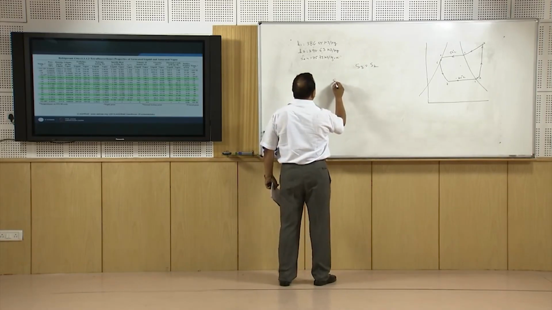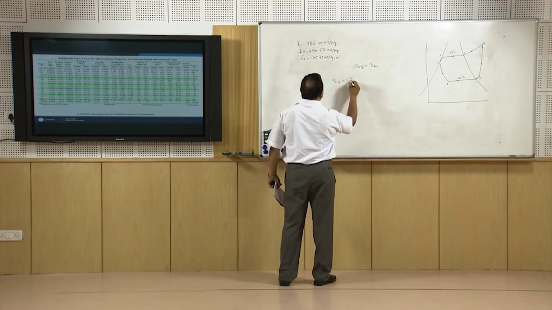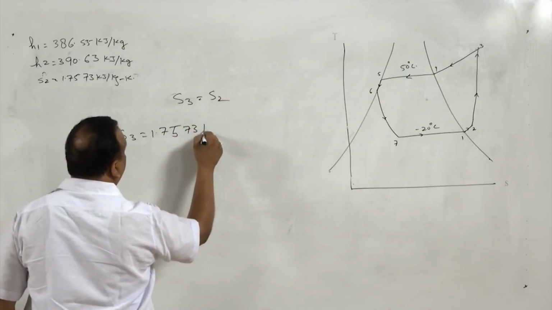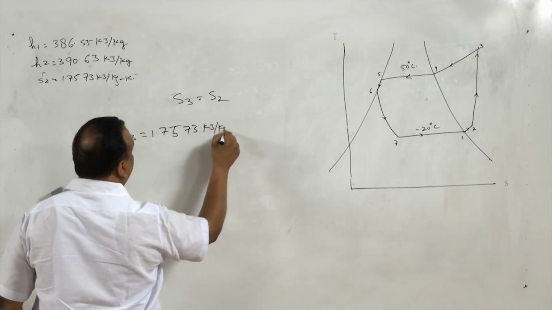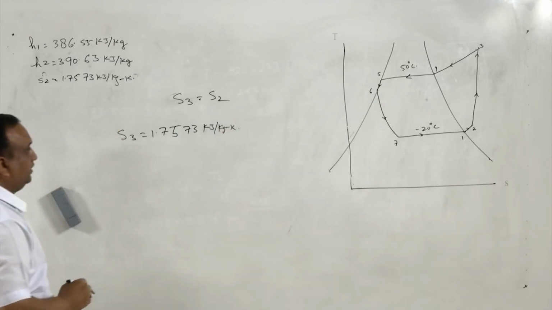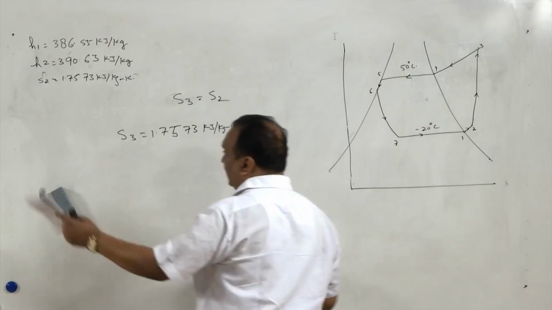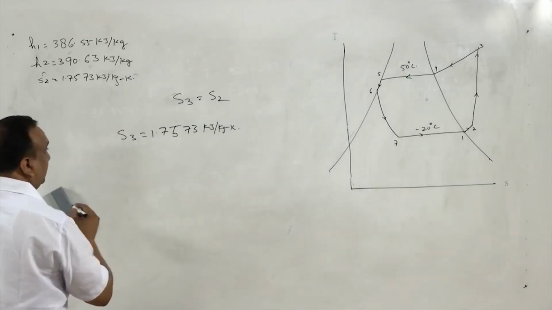So, S3 is equal to 1.7573 kilojoules per kg Kelvin. S4, we know the value of S4, that can be taken from the properties of R134A.